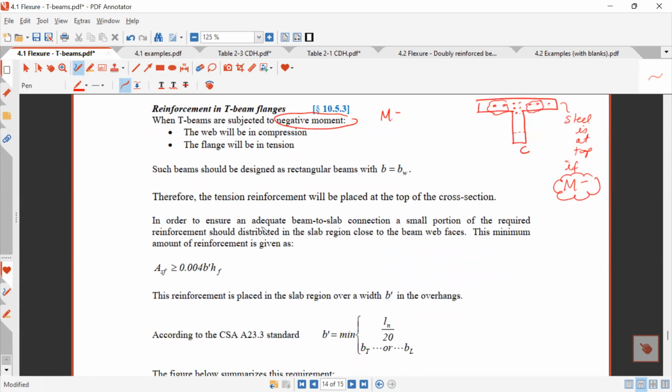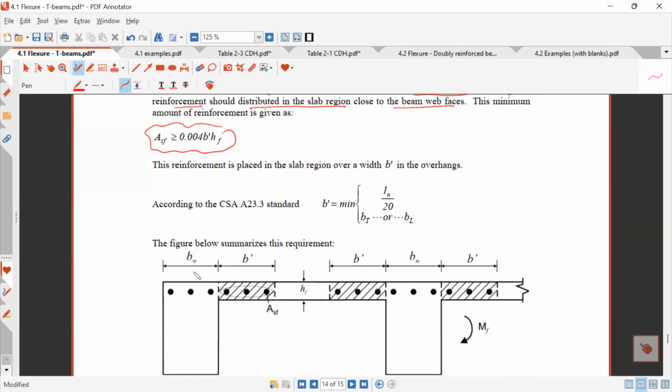So how much do you put? It's right here. In order to ensure an adequate beam to slab connection, a small portion of the required reinforcement should be distributed in the slab region close to the beam web faces. This amount of reinforcement is given here. So you would need to calculate this, and you'd need the b prime, which you get from here.